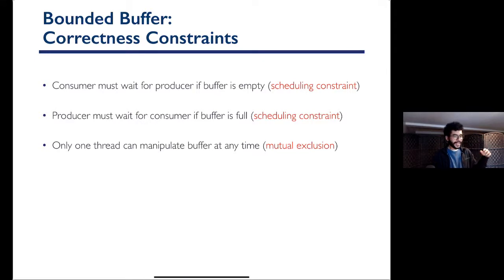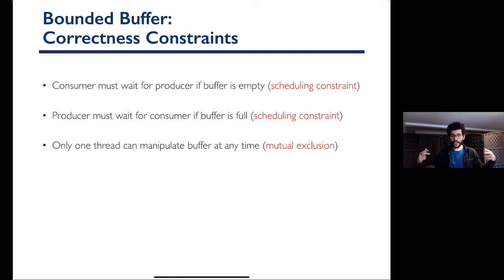Yeah. The second one is that the producer should wait if the buffer is full. And the third one is that only one thread at a time has to have access to the buffer to manipulate the buffer. So either putting an item or removing an item. So let's say the buffer is half full. So there is a space and there are items.